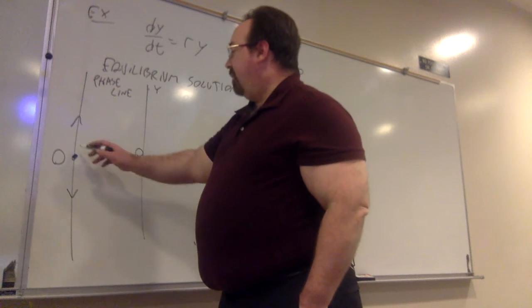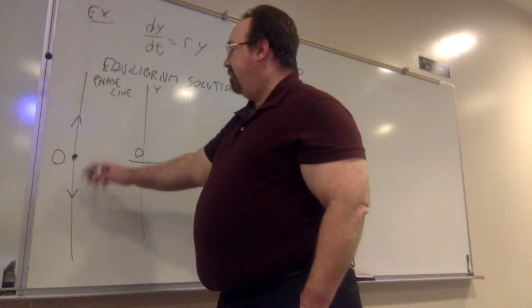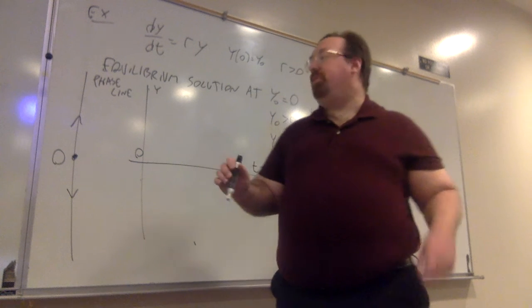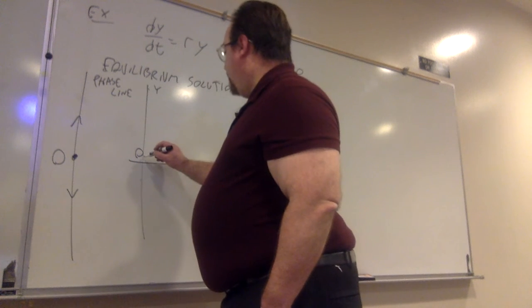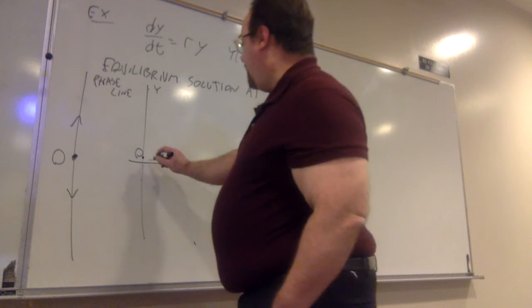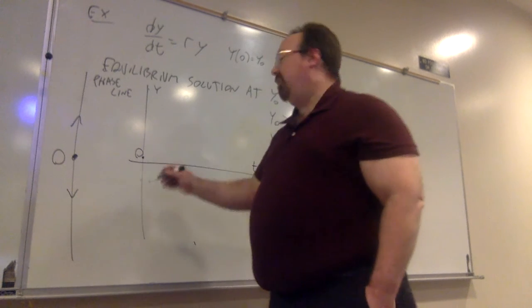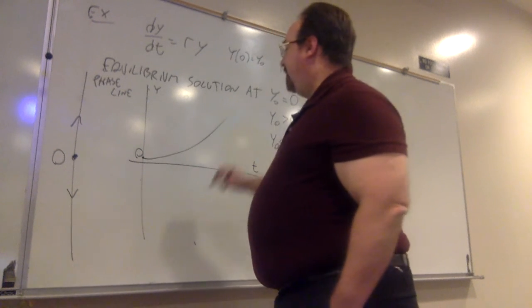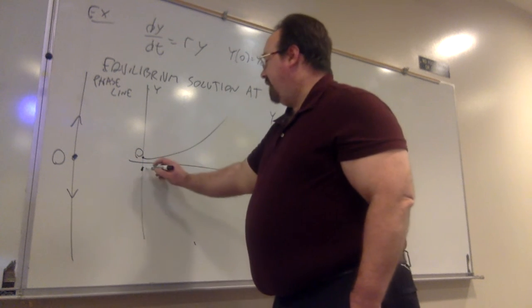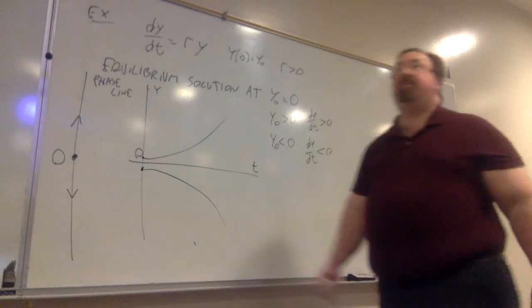Now, what we see in this case, the arrows in both cases are going away from the equilibrium point. What that would mean is, if I choose y naught down here, say at 1 for instance, the solution is going to go like this. If I choose y naught down here, a negative value, dy dt will be negative, and the solution is going to behave like this.